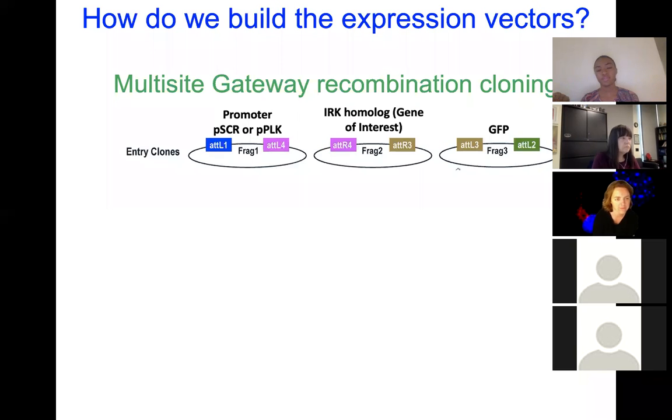And to create a much larger expression vector that actually helps us to answer these questions, we have to perform an LR reaction. There, you begin with 3 fragments, one of which is a promoter, which drives expression to a specific portion of the root. And then you have your gene of interest, which is what we're interested in looking at. And then you have GFP, which serves as an indicator.